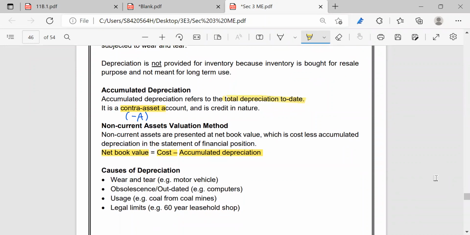Causes of depreciation: wear and tear. As you use your things, things get torn or wear out over time. Computers: you may use your laptop for 7 years, 10 years, even 15 years.